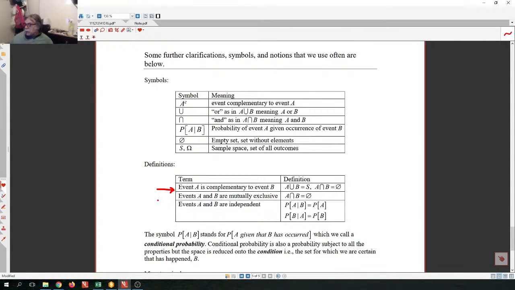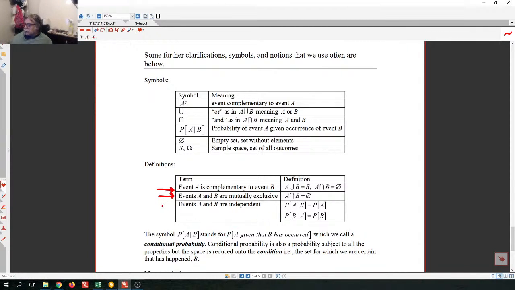Two complementary events are always mutually exclusive, but mutually exclusive events do not necessarily have everything in them. Something might be missing. You might have 3 outcomes in one, 4 in another, but there's something outside. They cannot have anything in common, but they don't necessarily cover everything.